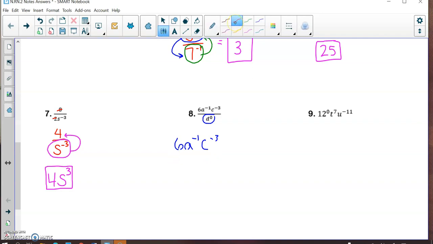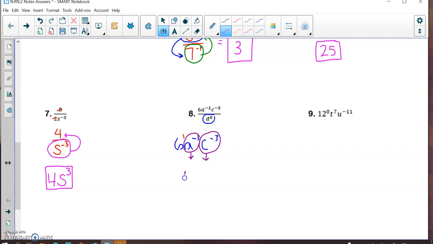All right. Now, technically this is a 6 to the +1st power, so that 6 already has a positive exponent. The a has a negative exponent, and the c has a negative exponent. So both of those will need to be dropped down into the denominator in order to have a positive exponent.